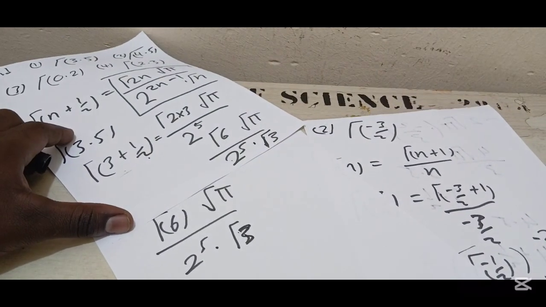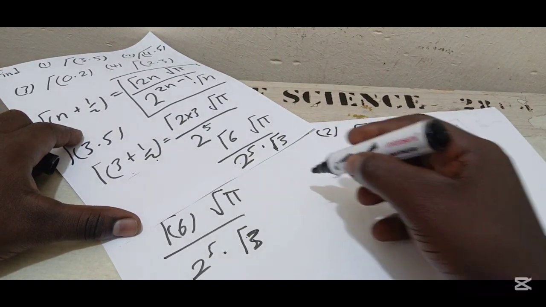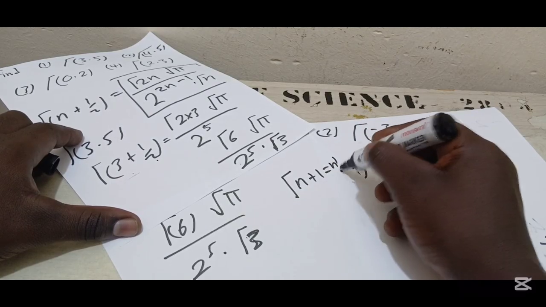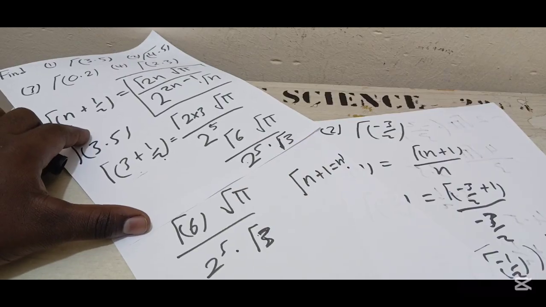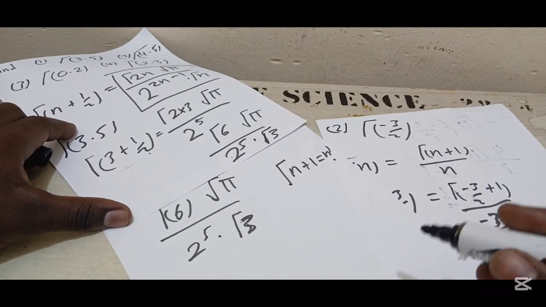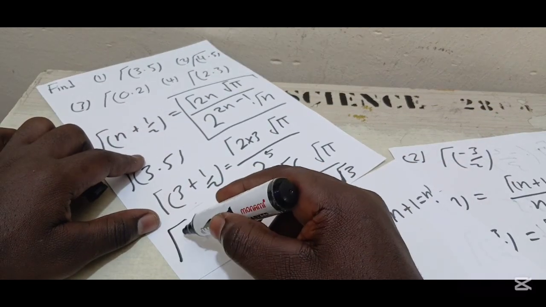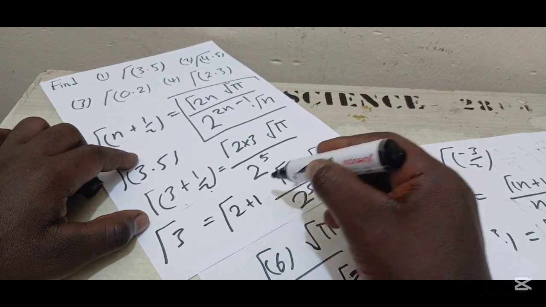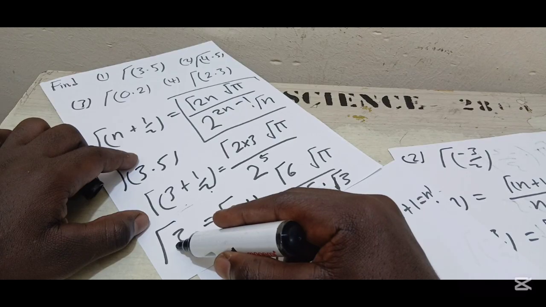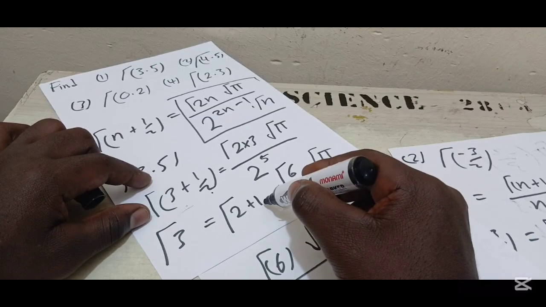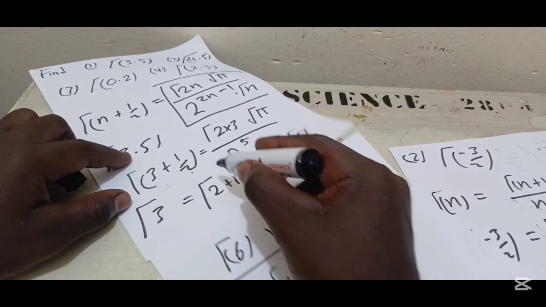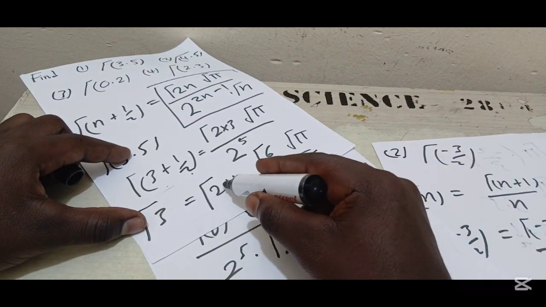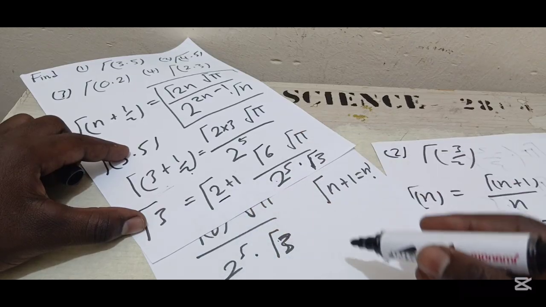And from our previous examples, we know that gamma n plus 1 equals n factorial, when we are dealing with terms which are not fractions. So if we have gamma 3 and we are able to express it as 2 plus 1, which is the same as 3, then we can simply say the solution for this is 2 factorial.